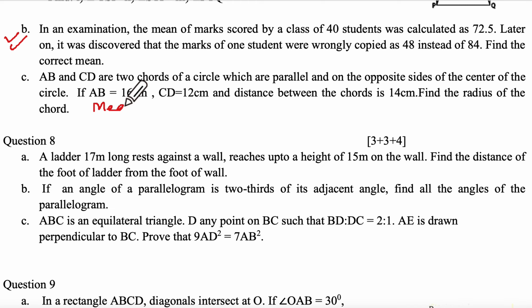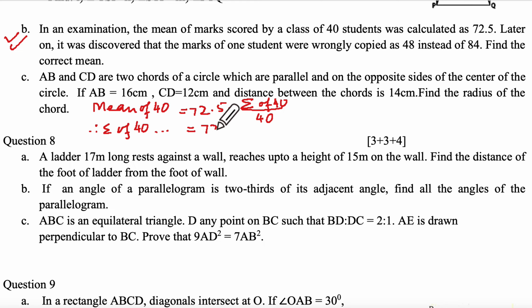You have to write mean of 40 is equal to 72.5. Correct? Which is equal to what? The sum of 40 upon 40. Agreeable to you? Therefore, sum of 40 students is equal to 72.5 multiplied by 40.